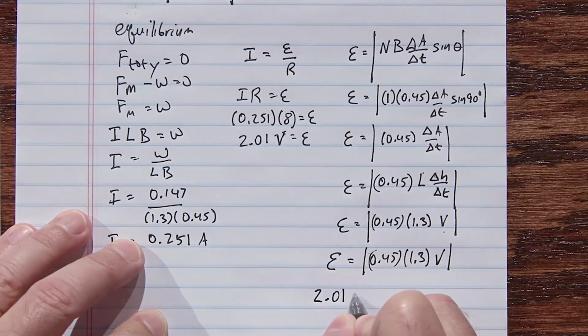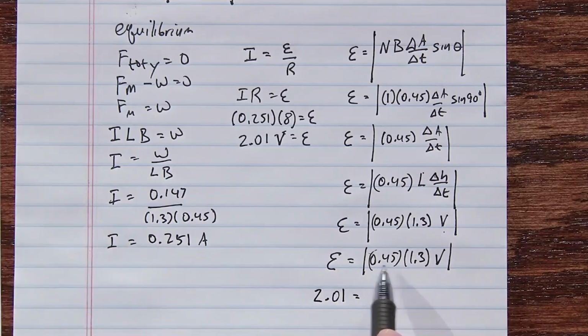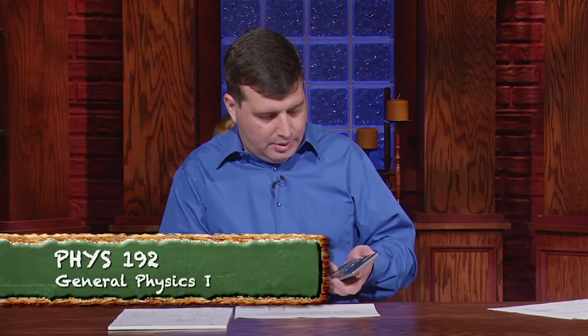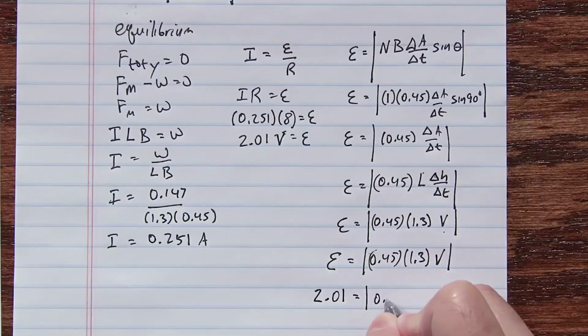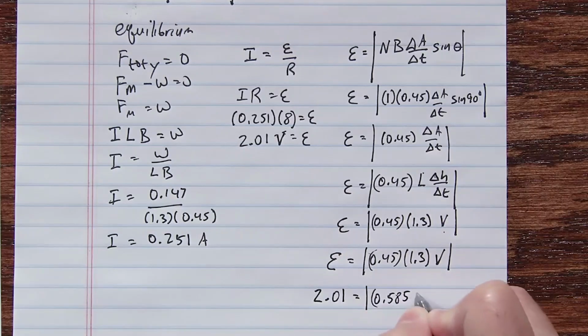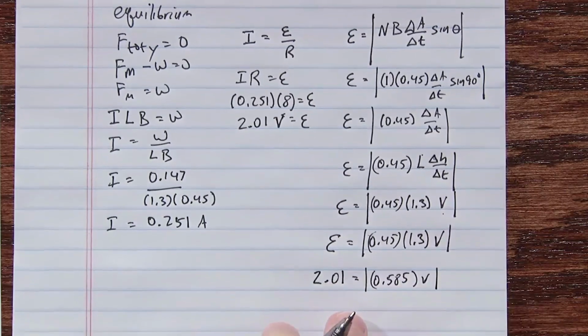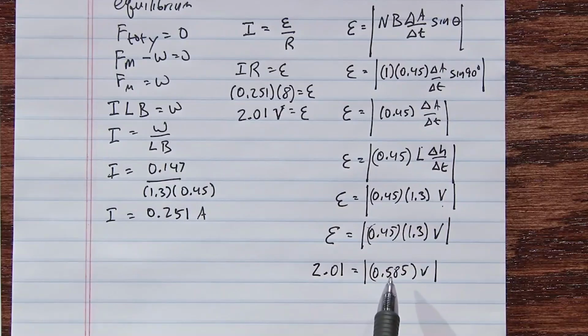So 2.01 is equal to 0.45 times 1.3, which is 0.585, times V. And since this is a positive number and the speed is also a positive number, I actually don't need my absolute value bars, since we're dealing with speed, which is a positive number.